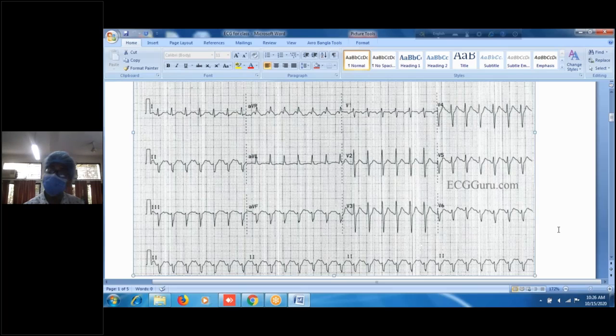Again, supraventricular tachycardia: how does the patient present, and what causes it? Supraventricular tachycardia is short-lived. Sometimes it may be present with anxiety. The patient may present with palpitation for a few moments, and later it settles down.